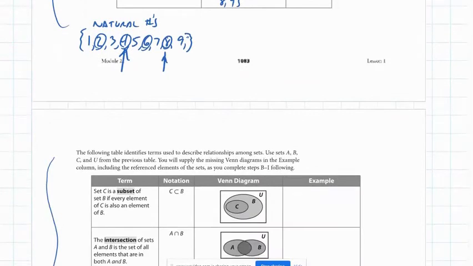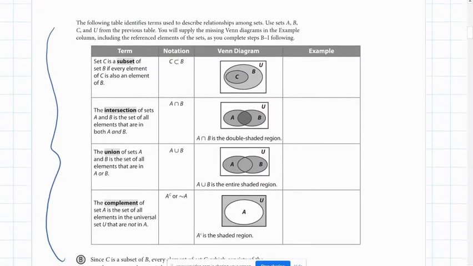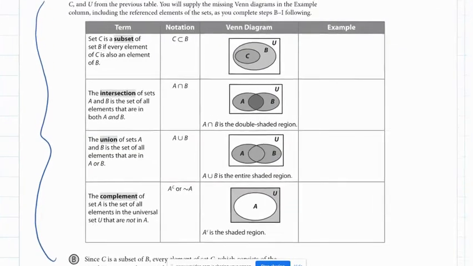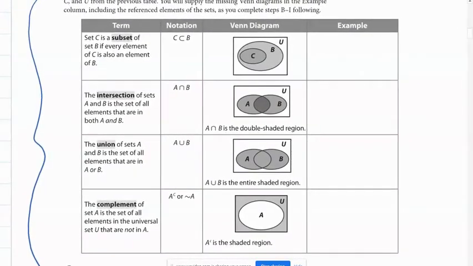Continuing on to the next page, we'll look at Venn diagram interpretations of the same sets that we just looked at.